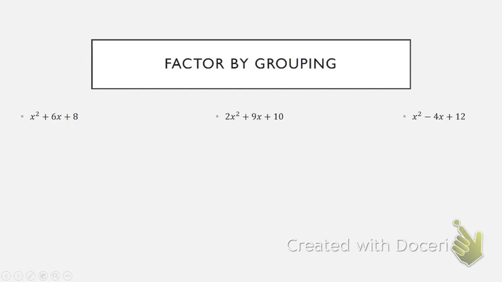Alright, so here are our actual factoring problems. The steps you just wrote down tell me to multiply A times C. So my A value is right there, and A times C is 8 times 1, which is 8.